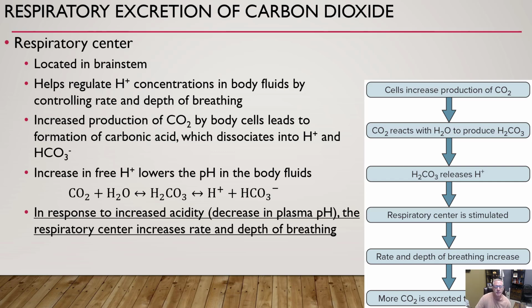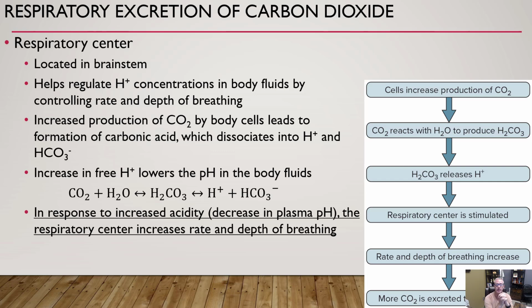So the respiratory center, we know, is located in the brainstem, and it can regulate hydrogen ion concentration in body fluids by controlling the rate and depth of breathing. Remember that our carbon dioxide level is directly related to our hydrogen ion concentration.